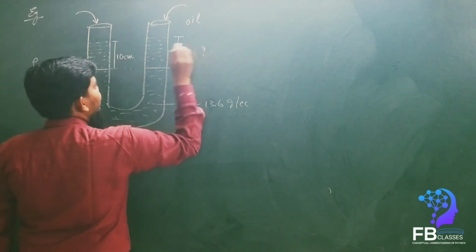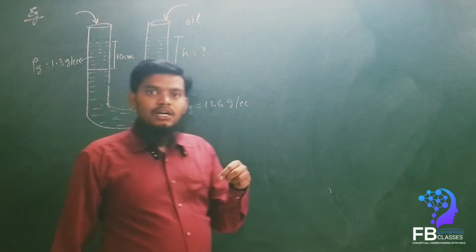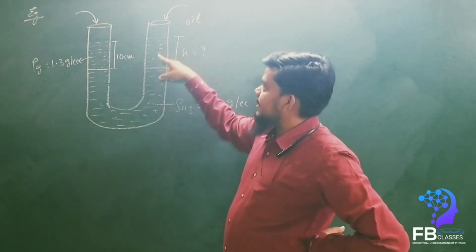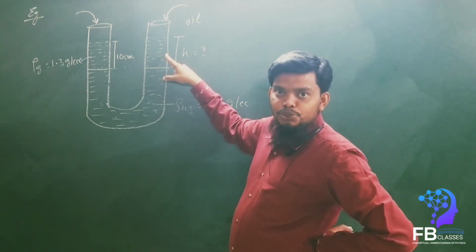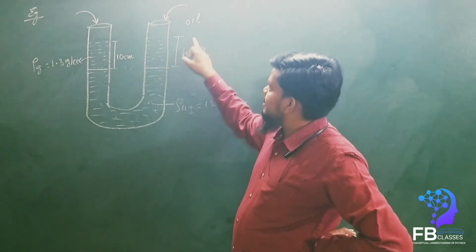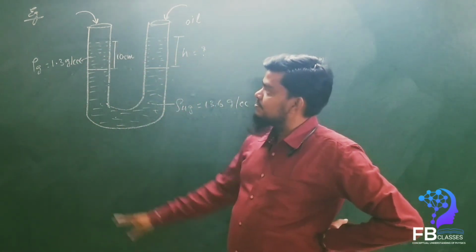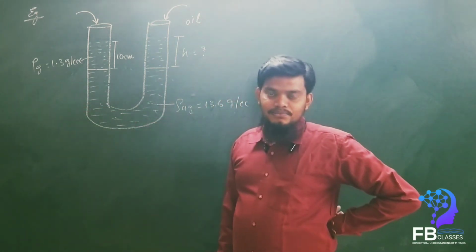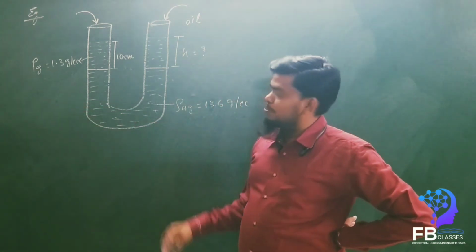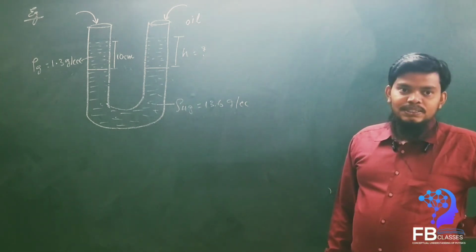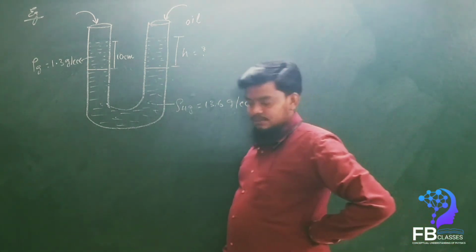We have to find H. How much height of oil has to be added to the other end of the U-shaped tube such that this oil surface will be equal to the surface of the glycerin. Are you getting my point? That is the question. Can you please do it by yourself?